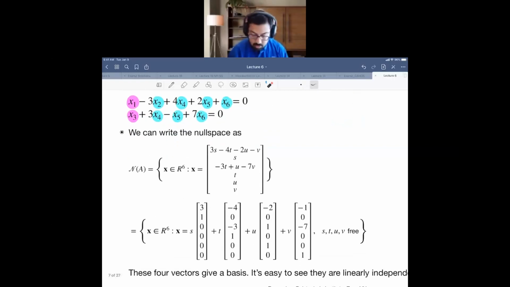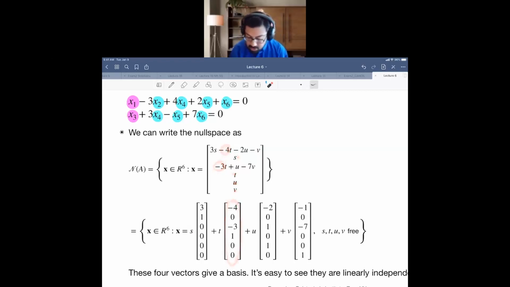Well, you try to manipulate this x vector into 4 different vectors. You pull out an s, and ask what is the coefficient of s here? 3, 1, 0, 0, 0, 0. You've got that vector. And then what is the coefficient of t? -4, 0, -3, 1, 0, 0.